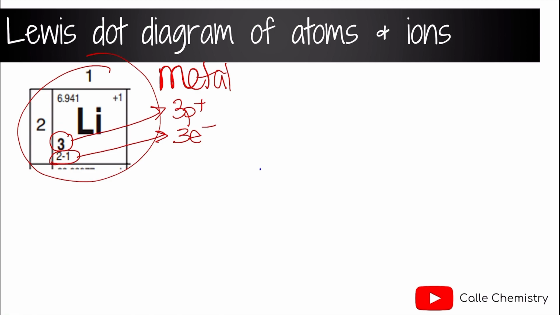Okay, that is in its neutral state, that is in its ground state, and its electron configuration is 2-1. That's how we know that it has 3 electrons. How do we draw the Lewis dot diagram of lithium? We see that it only has 1 valence electron, so it's going to look like this. The LDT of the atom for this will be lithium, the symbol, with 1 dot.